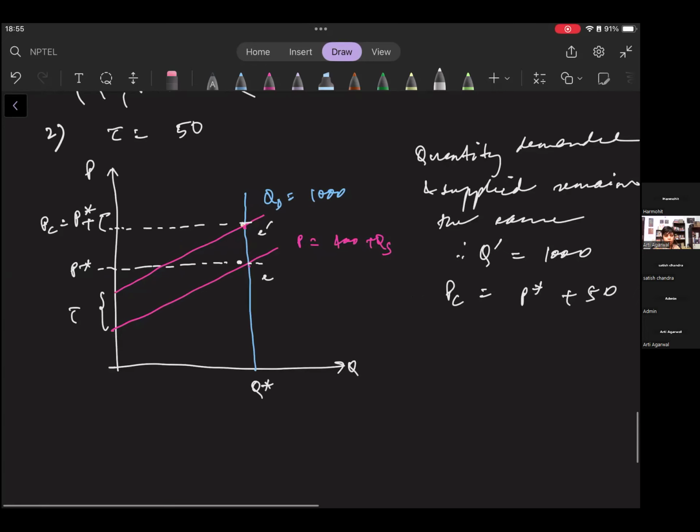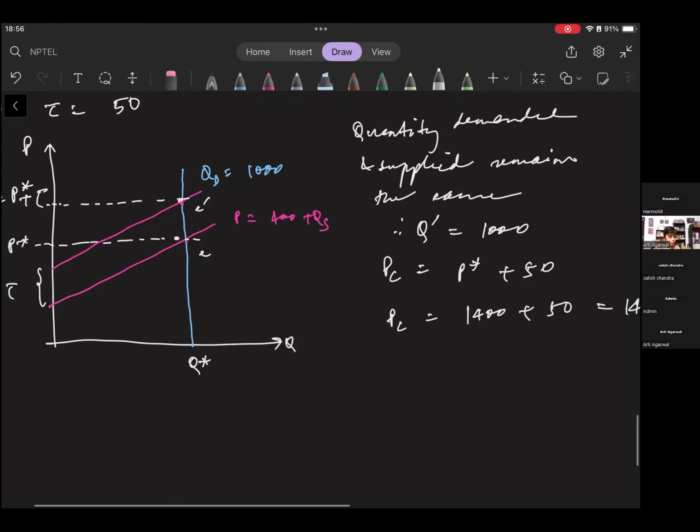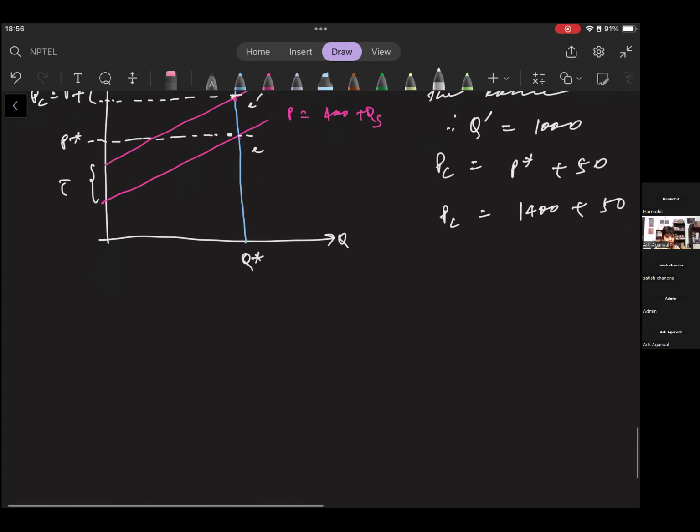Tau is 50. The market price is what the consumer is paying. So this is 1400 plus 50, which is equal to 1450. Is this much clear to everybody, how we got to this? Any questions?